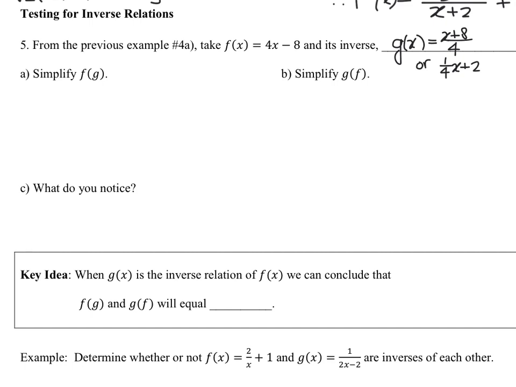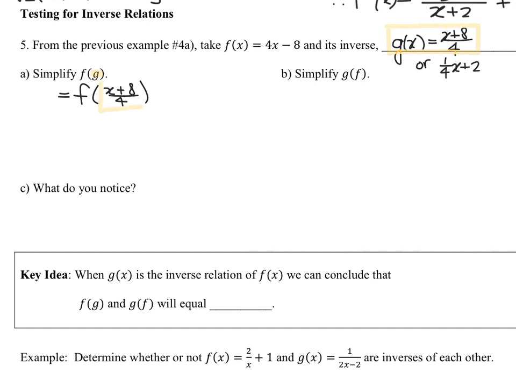Doesn't matter. So now what we're going to do is we're going to simplify f of g of x. So what this means is I'm going to replace the g of x with x plus 8 over 4, because that is what g of x represents.